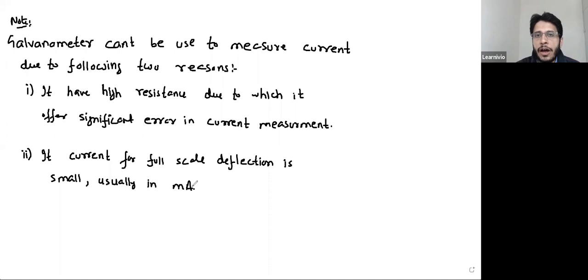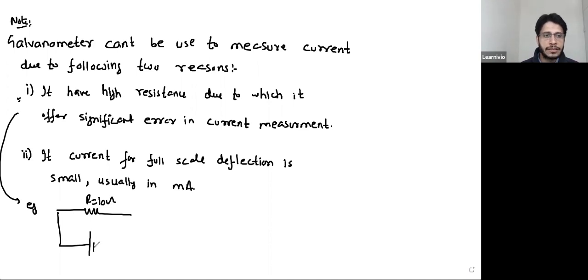We prefer a galvanometer just for detection. The first thing is resistance is very high. Due to that high resistance, it will offer error in the measurement of current. So for this, I'm giving this example. Say you have a resistance of 10 ohm.